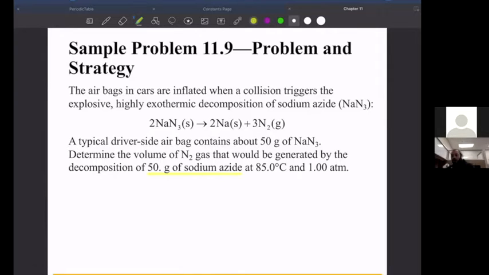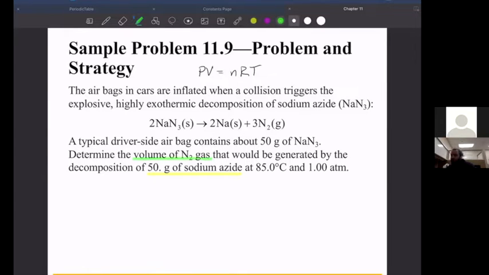So step one is we're going to have to get the theoretical yield of our nitrogen gas. Eventually we want to plug it into our ideal gas law, PV equals nRT, because it wants to know what the volume of nitrogen gas is.